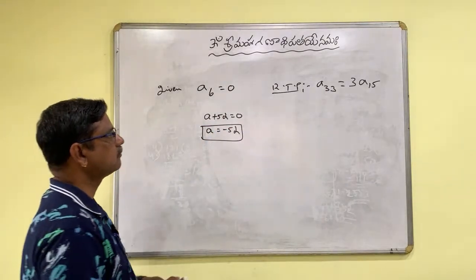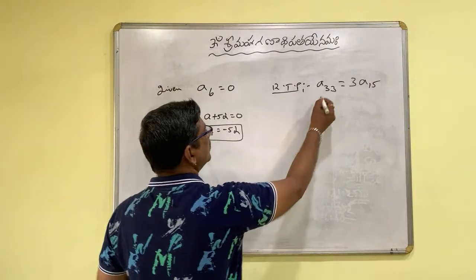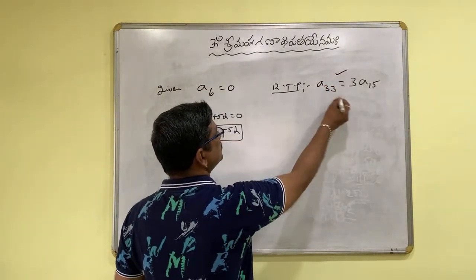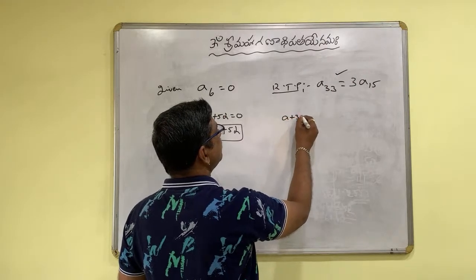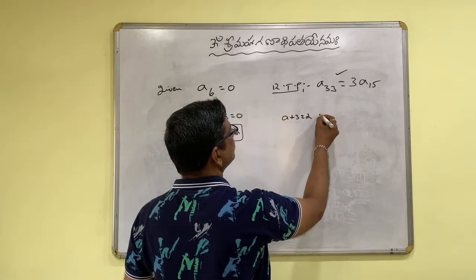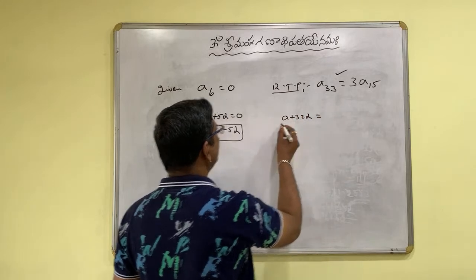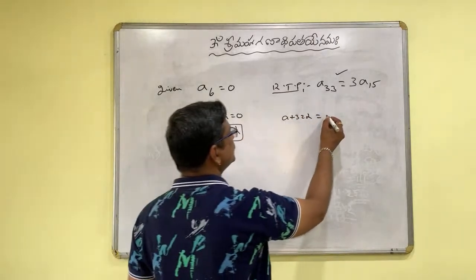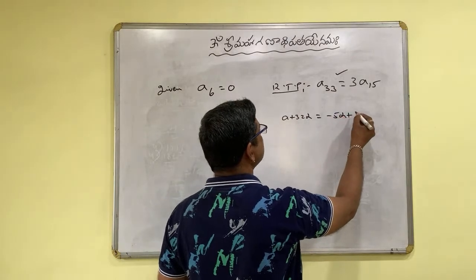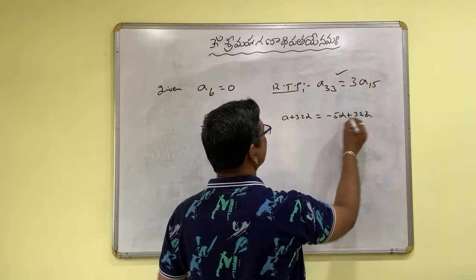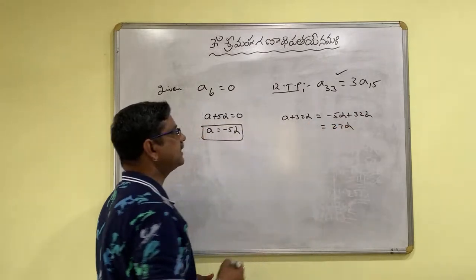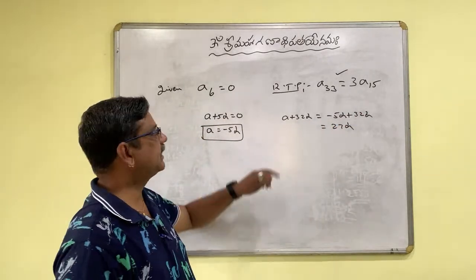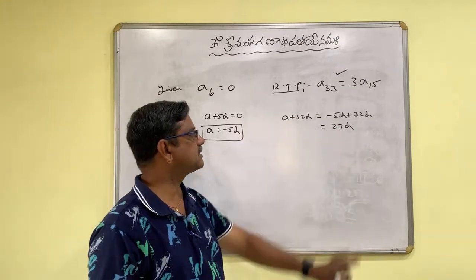Now, take the required-to-prove part. A33 means A plus 32D. We know A is negative 5D. Inserting, negative 5D plus 32D is 27D. So A33 we got is 27D.